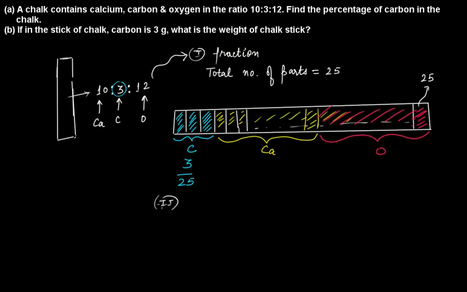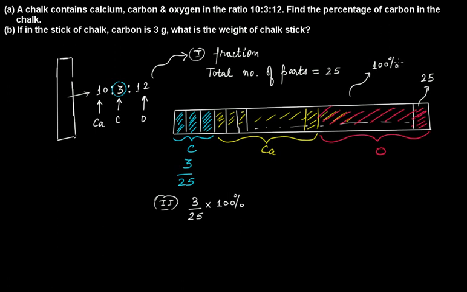The second step is that now since you have this fraction and now you have to calculate percentage, simply multiply this with 100%. And why? Because this whole chalk, one complete chalk, represents what? It represents 100%.